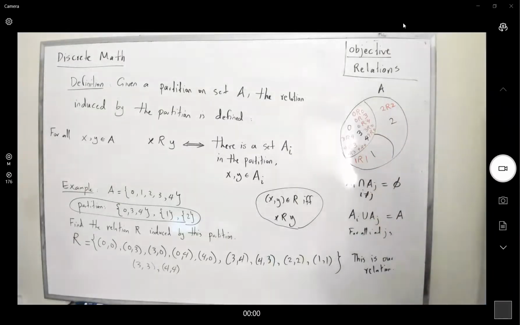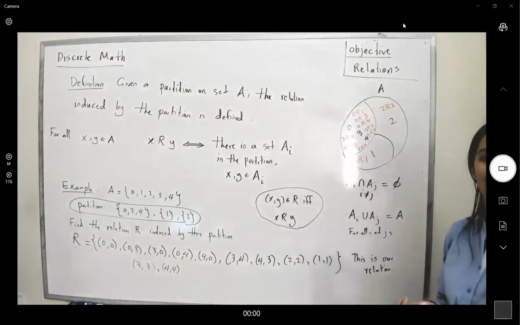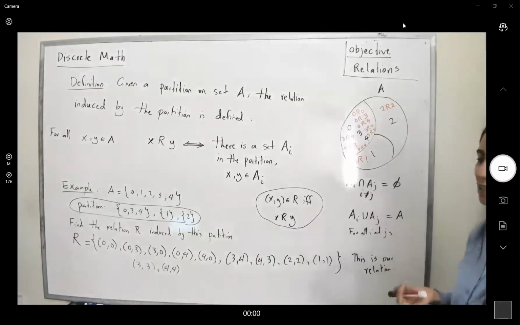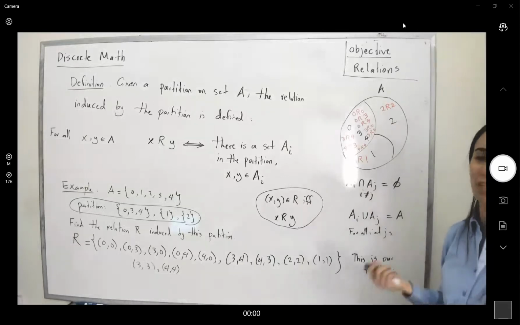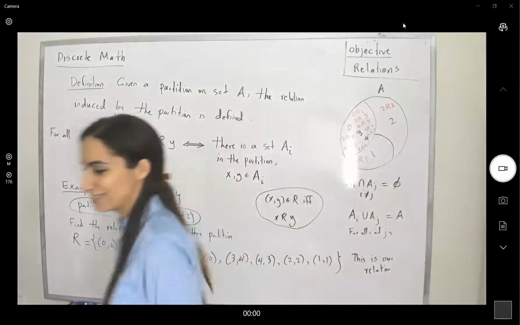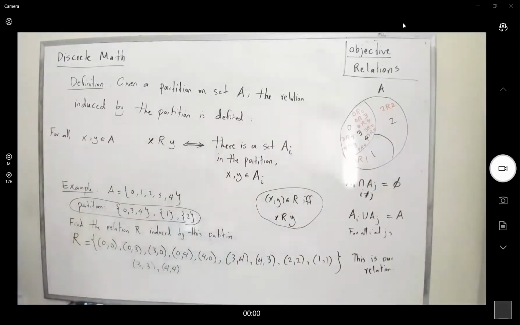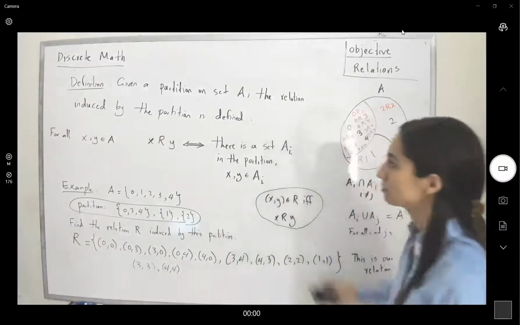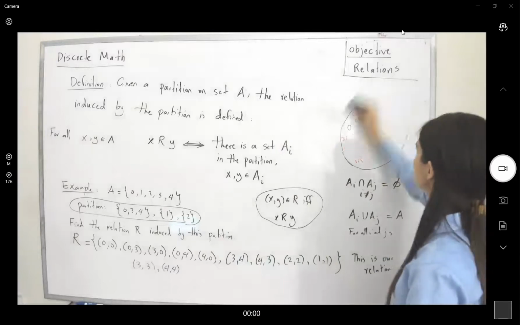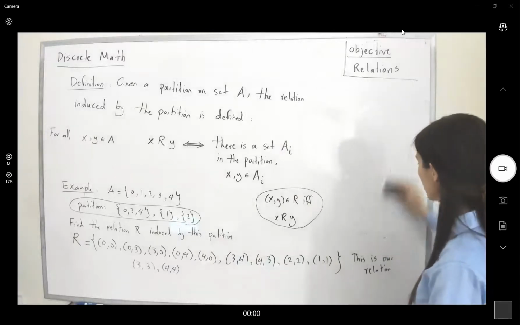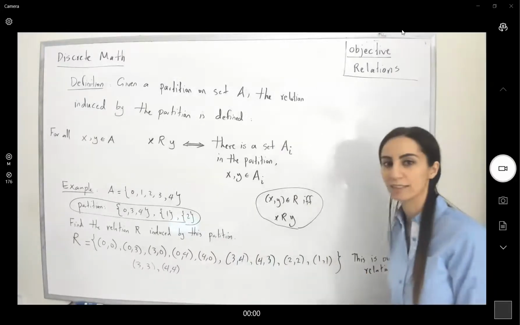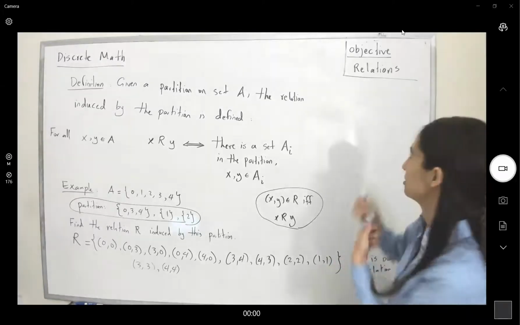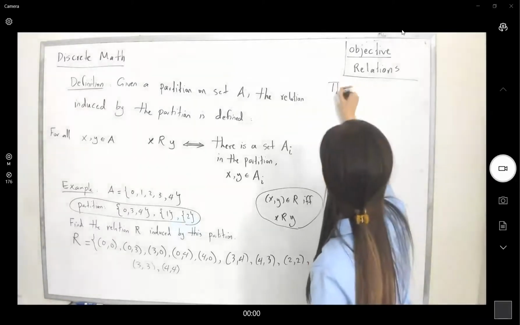Now the question is, do we have a reflexive, symmetric, and transitive relation or not? The theorem says the relation that is induced by a partition actually gives us an equivalence relation. Theorem.